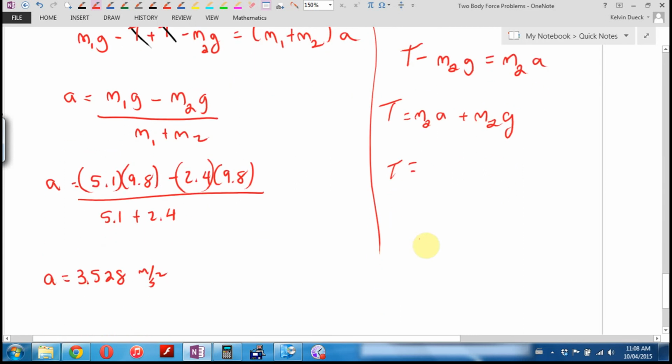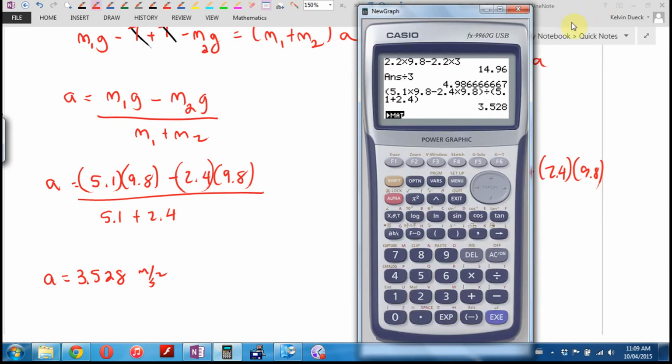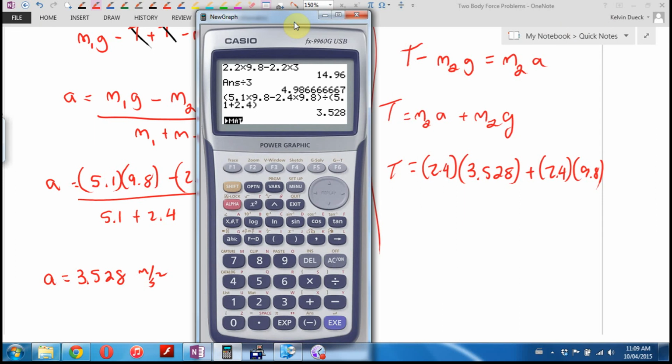It's going to end up being 2.4 times 3.528 plus 2.4 times 9.8. You get, I guess 32, because I was going to round it to 31.9, but there's an 8 next to the 9.